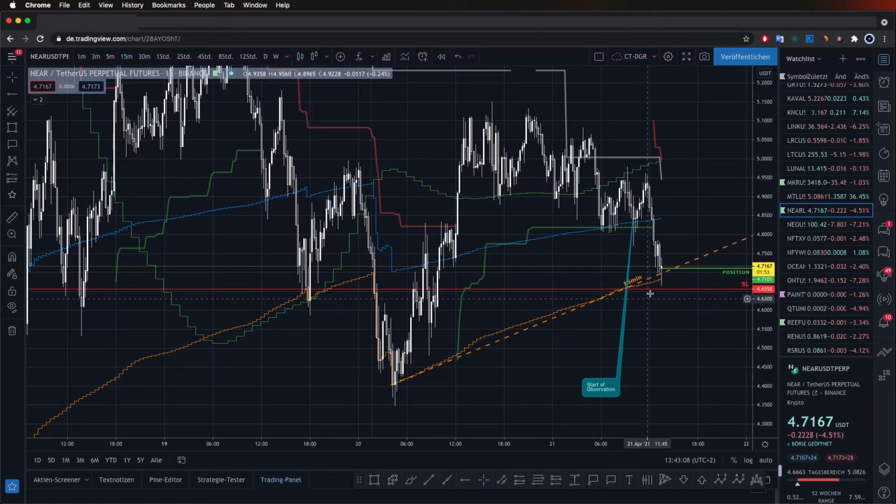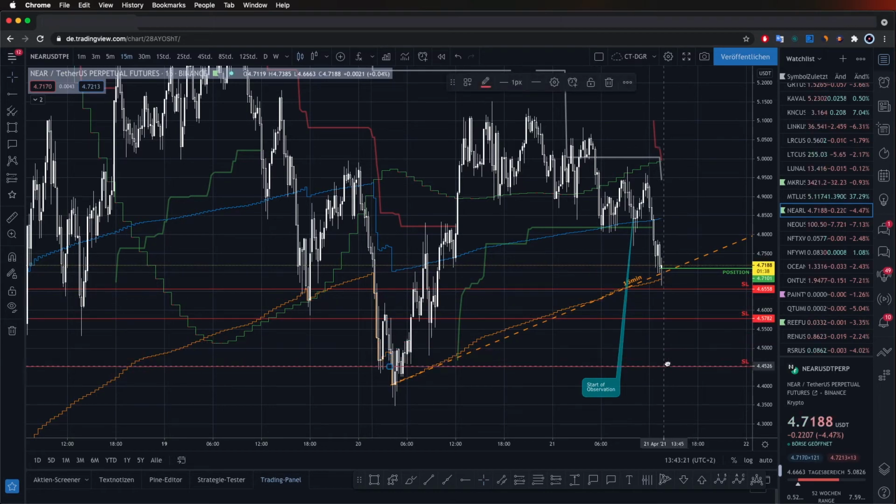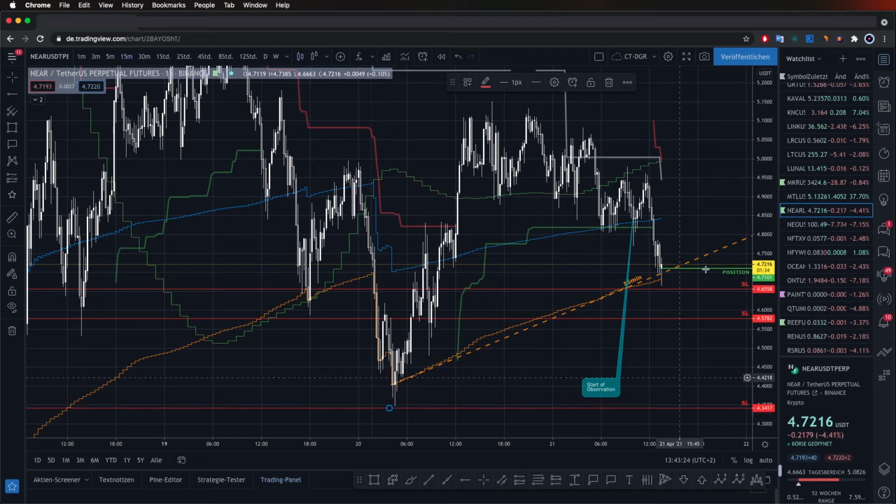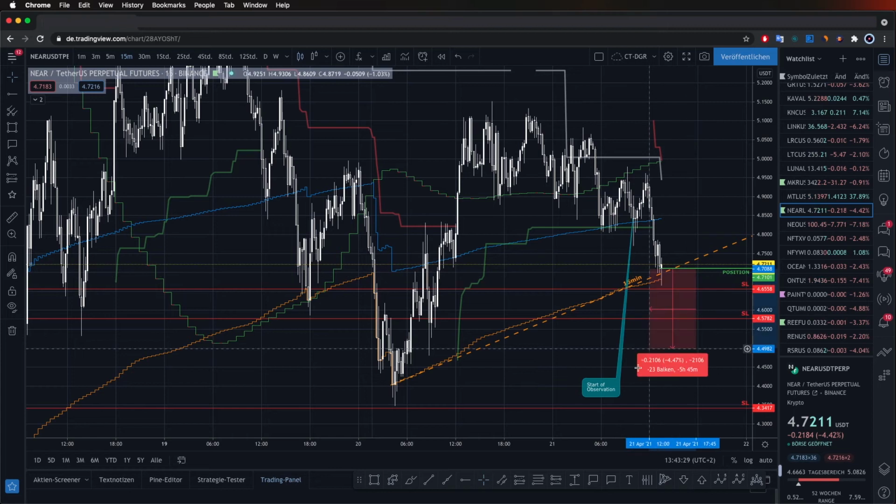The next thing which would make sense for me would actually be somewhere here, and then the next which would make sense would be maybe here or even there. But if I go down like this, my whole position would actually liquidate more or less. So I'm not up for this.